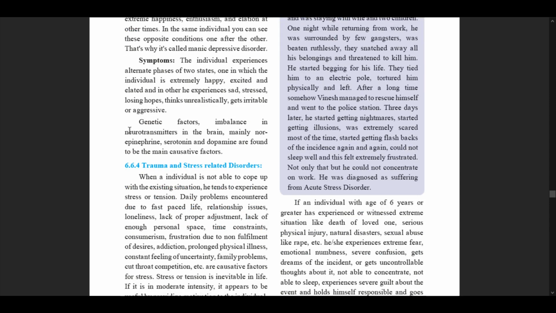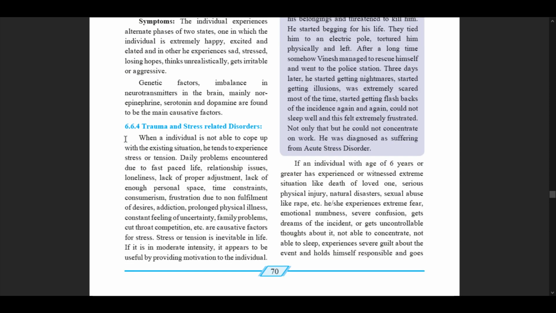So we move forward to our next subunit, 6.6.4, trauma and stress related disorders. When an individual is not able to cope with the existing situation, he tends to experience stress and tension.